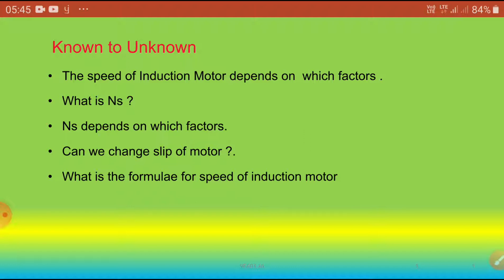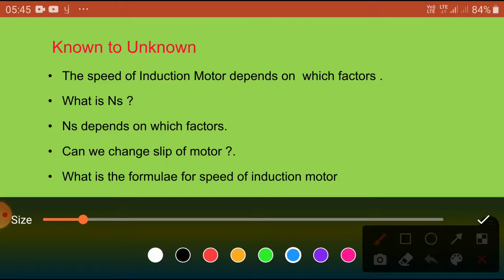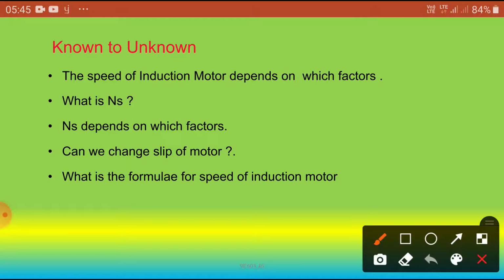Before that, we have seen how to change the motor speed in the case of DC motors. In previous classes, we saw the shunt motor, with armature A and AA, and the shunt field connected through this.